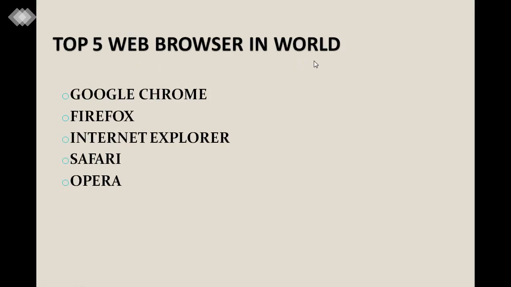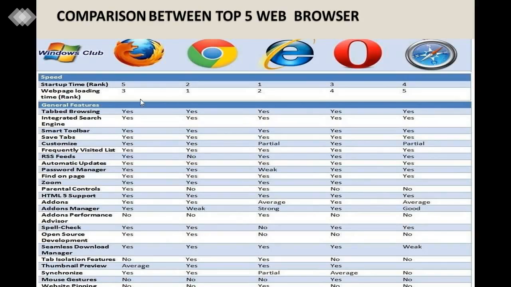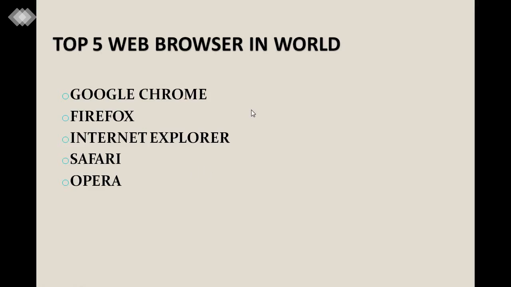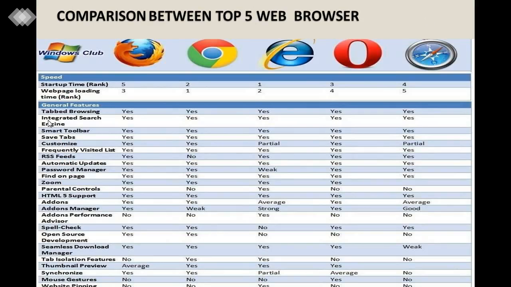So the top 5 web browsers in the world are Google Chrome, Firefox, Internet Explorer, Safari, and Opera. Here are the comparisons between the top 5 web browsers: Firefox, Chrome, Internet Explorer, Opera, and Safari. I have mentioned speed, startup time, and web page loading time.